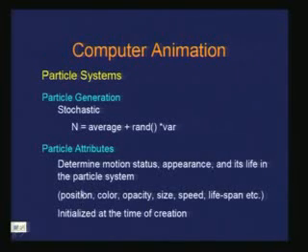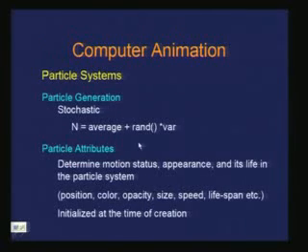So these are the attributes of a particle. This is just an example: position, color, opacity, size, speed, lifespan, and so on. These attributes need to be initialized at the time of creation, so you have certain values to be given at the time of creation of the particle system.